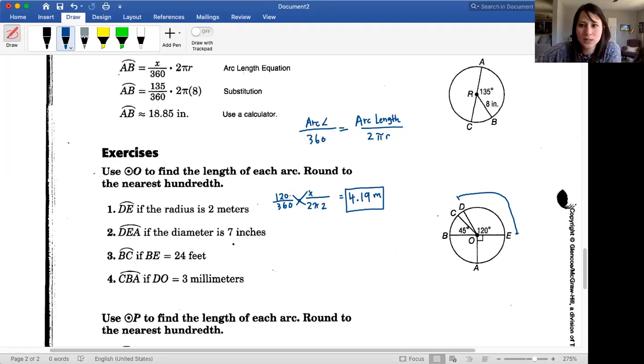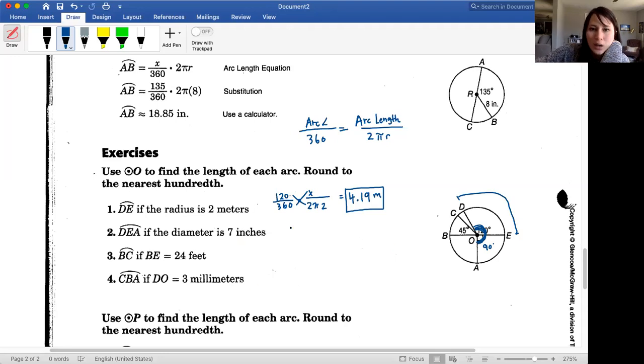Okay, number 2, DEA. DEA, that's all the way across here. So first I need to find my arc angle. If this is 120 and this is a right angle, 120 plus 120 plus 90 is 210, I believe, right? 210.